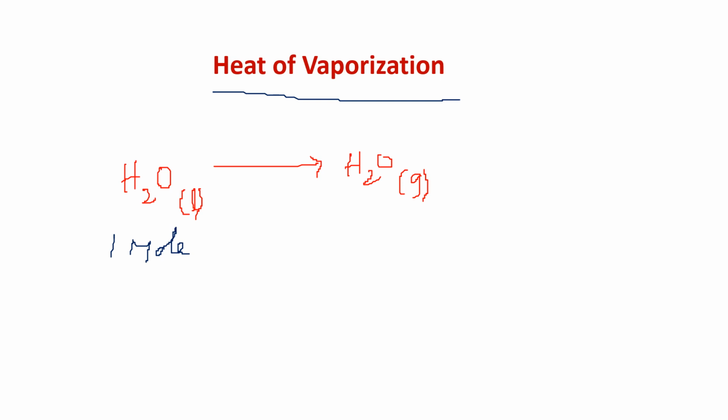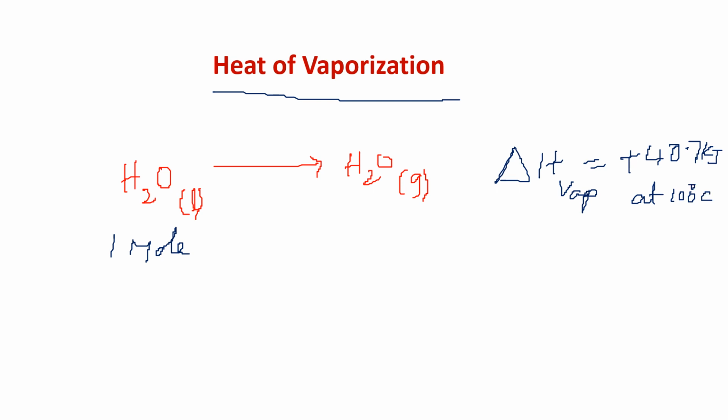So in this, how much energy is required? That is delta H vaporization, VAP. How much energy is required means plus 40.7 kilojoules of energy is required at 100 degrees centigrade.